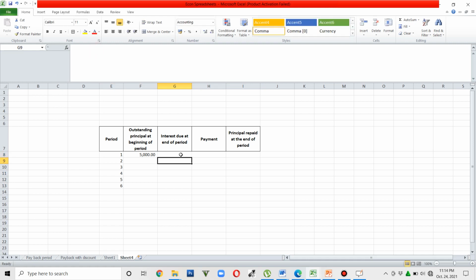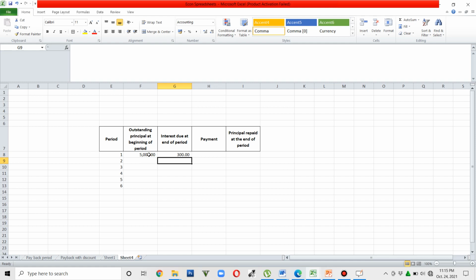Or let me correct that. We have 12% compounded semi-annually. So 12 over 2, that is 6%, ano? 0.06 multiplied by this. Okay. So meron tayong 300 na interest at the first period.